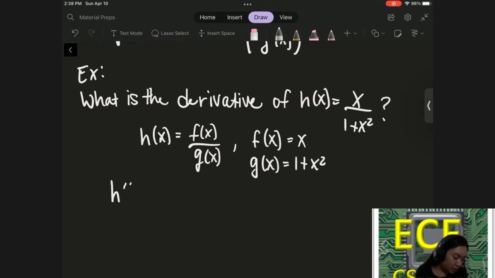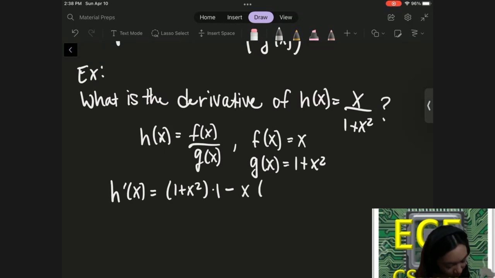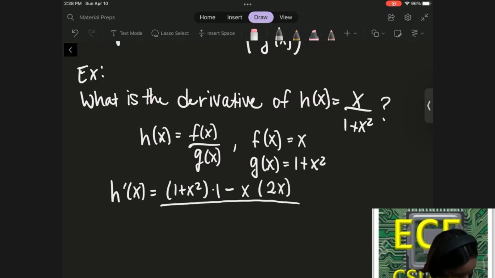The derivative of h of x equals low, which is 1 plus x squared, d high, so the derivative of f of x, which is just 1, minus high, which is x, d low, the derivative of g of x, which is 2x, and square the bottom, which is g of x squared, which is 1 plus x squared.